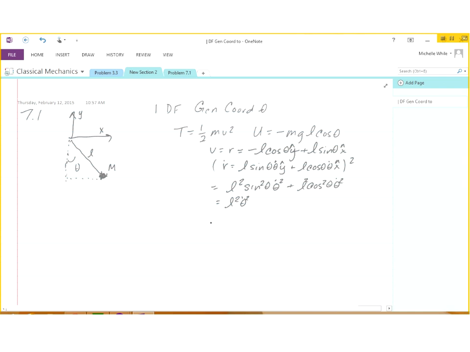So T is equal to 1/2 mL squared theta dot squared plus mgL cosine theta. Oh, that's not T, that's L. Sorry about that, guys.